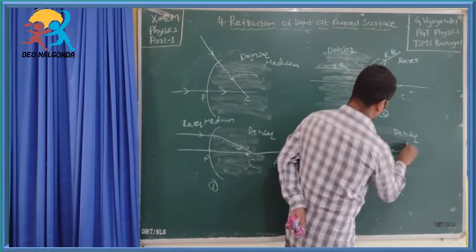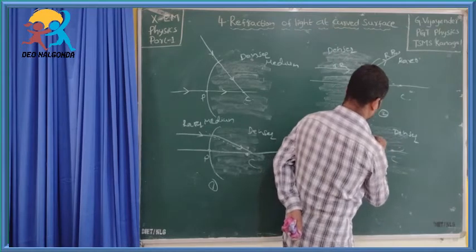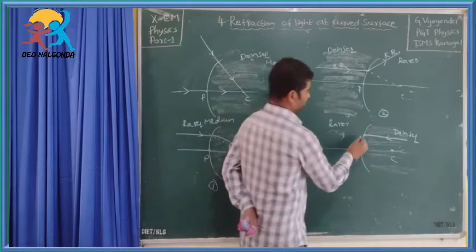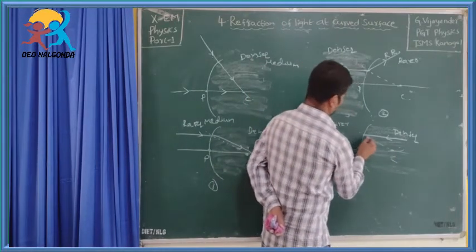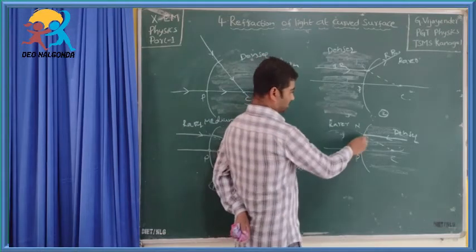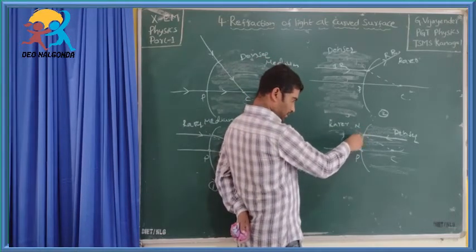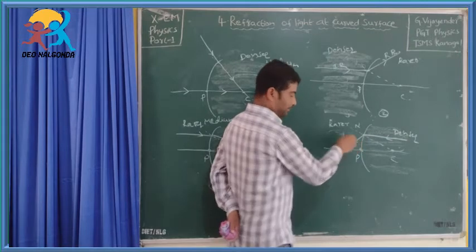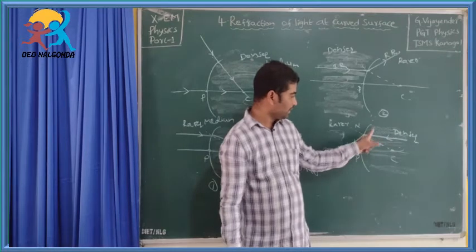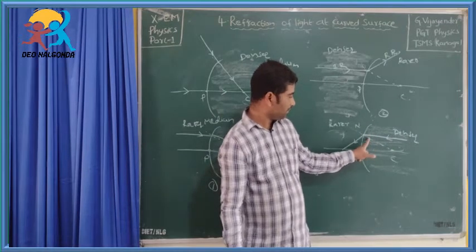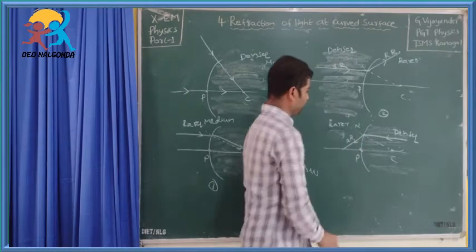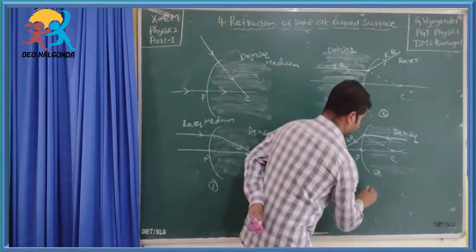The light ray is traveling from denser medium to rarer medium. It is the point of incidence. This is the normal. Denser to rarer medium, so after refraction, it is bending away from the normal. Light ray traveling from denser medium to rarer medium, striking at a concave surface, the refracted ray bends away from the normal. This is figure 3 or case 3.